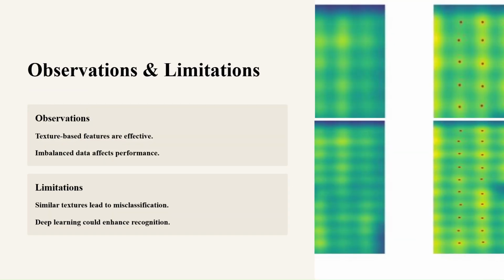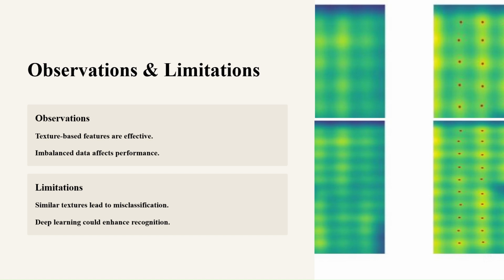Now, what were the observations and limitations? Observations made are that texture-based feature extraction methods are effective, but this is a very imbalanced dataset. We can imagine that there are 23,000 images for good and around 2,000 combined for defects. So there is a 10x difference, which affects the train-test split. It is a very wide difference which causes bad results at the end, especially for the defects.